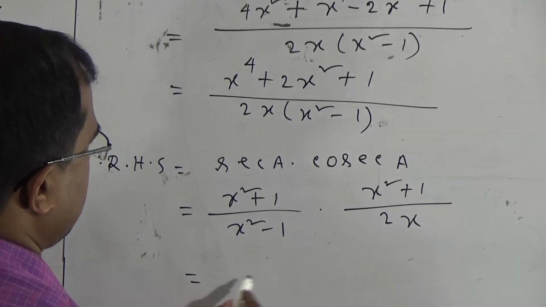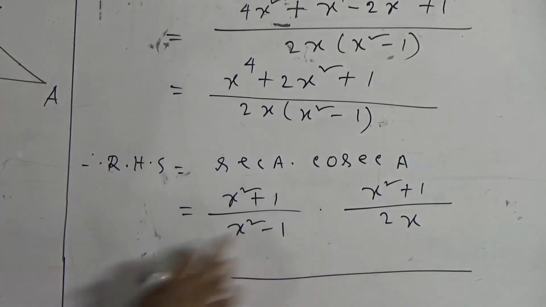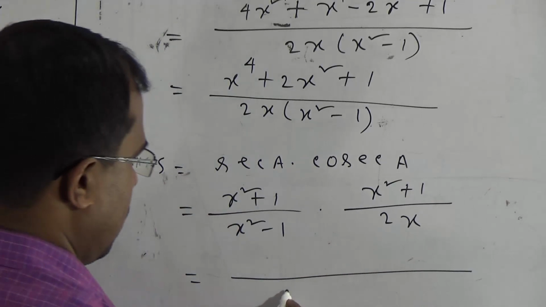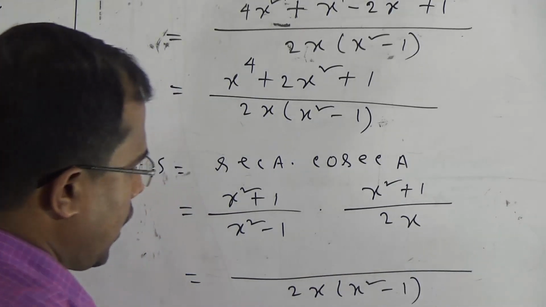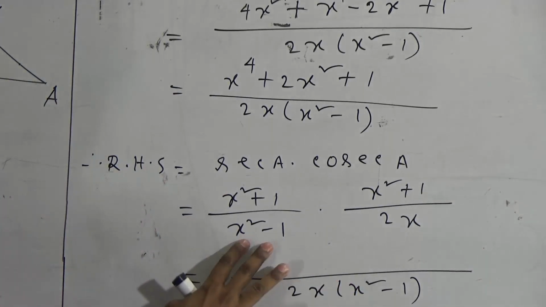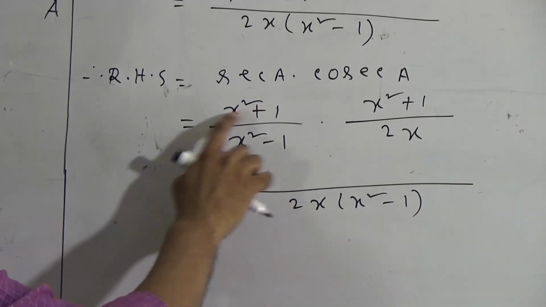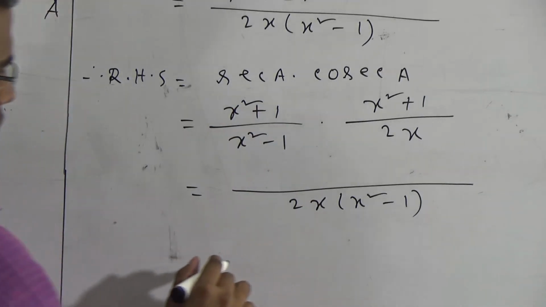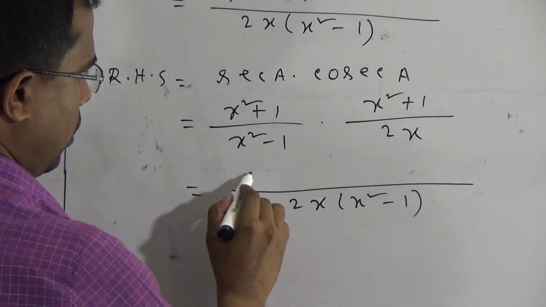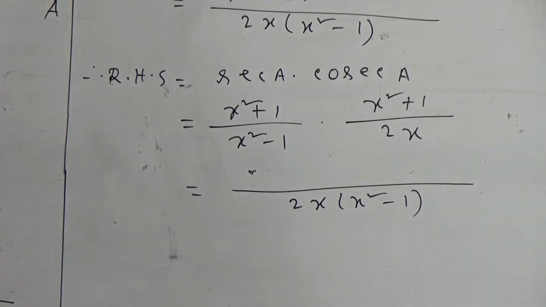Now here the LCM will be 2x into x square minus 1. Sorry, we have to multiply here, not add.